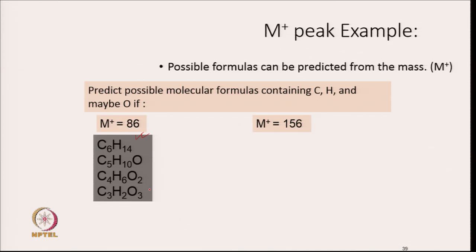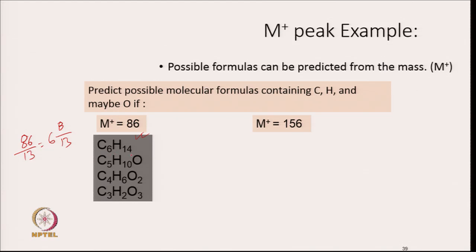You can get this from 86 divided by 13, which gives you 6. So, 13 into 6 is 78, plus 8 by 13. So, the formula will be C6 and H is 6 plus 8, which is 14.